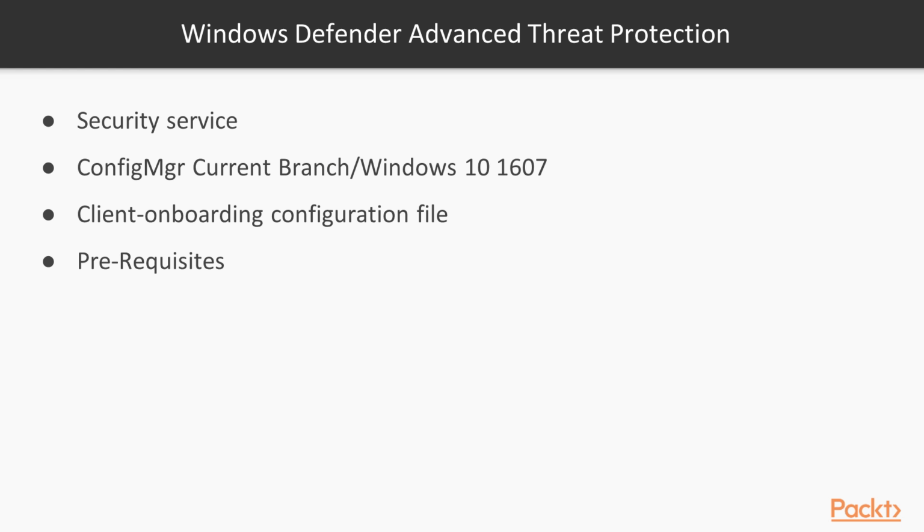Windows Defender Advanced Threat Protection, also known as Windows Defender ATP, is a security service that enables enterprise customers to detect, investigate, and respond to advanced threats on their networks.